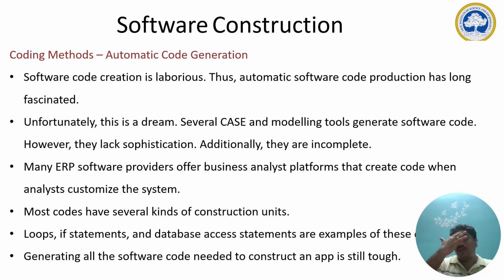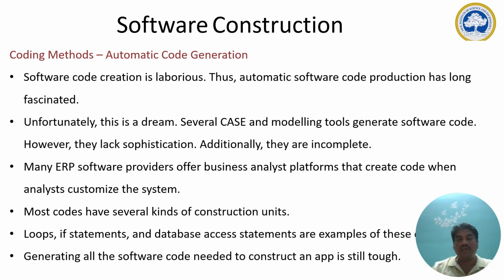If we use the OOPS method, we follow classes and objects; everything we can consider as an object, and a collection of objects we call a class. So the classes should be written properly. With inheritance, the parent classes and child classes should be properly written, and the linking of the parent class, child class, base class and super class should also be properly designed. This is the kind of coding method we can follow.